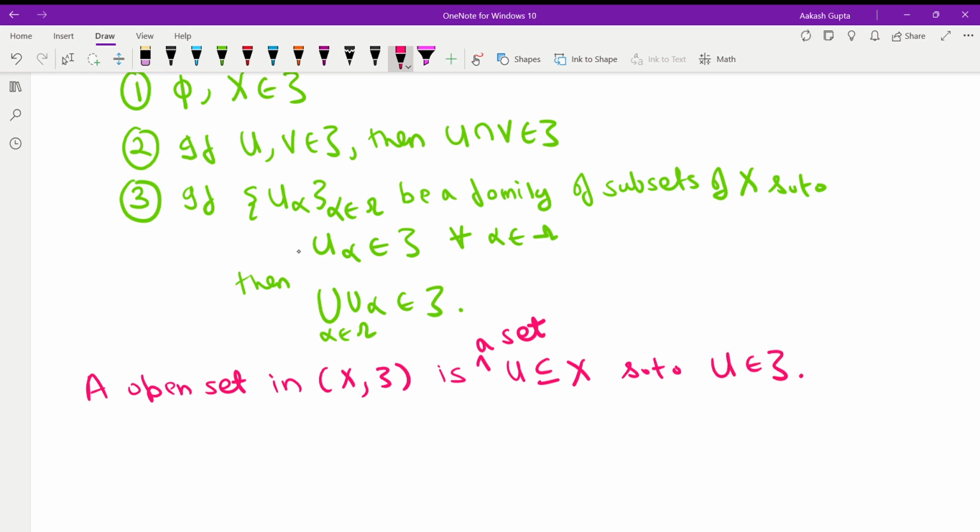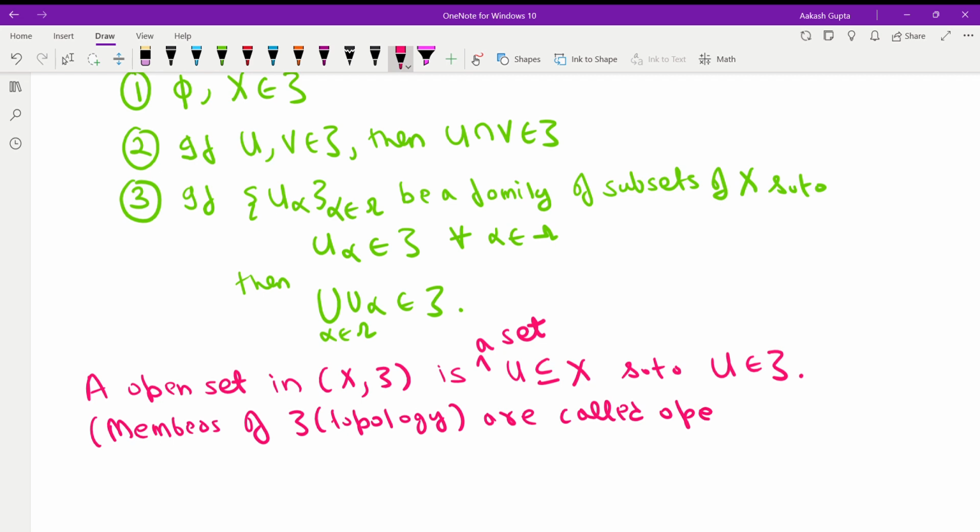Basically, members of tau, the topology, are called open sets.